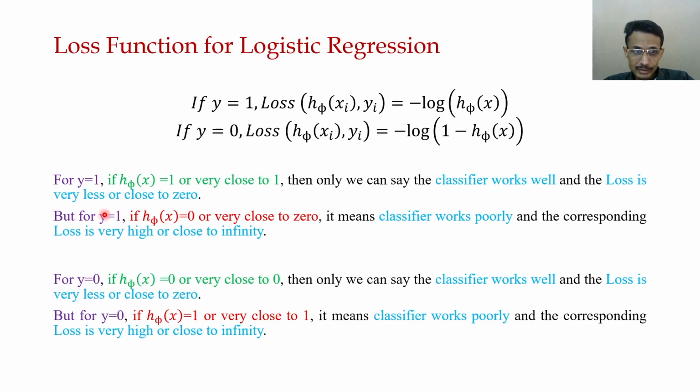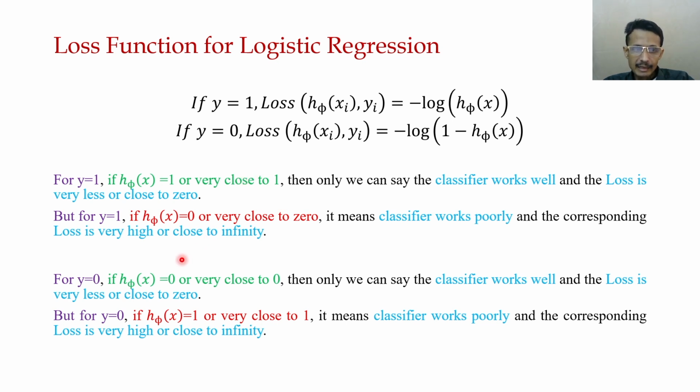But if y is equal to 1, the target, but our classifier outputs 0 or very close to 0, it means our classifier is doing poorly. Then we have to penalize this classifier, and the corresponding loss is very high, close to infinity. So this thing we have to impose.